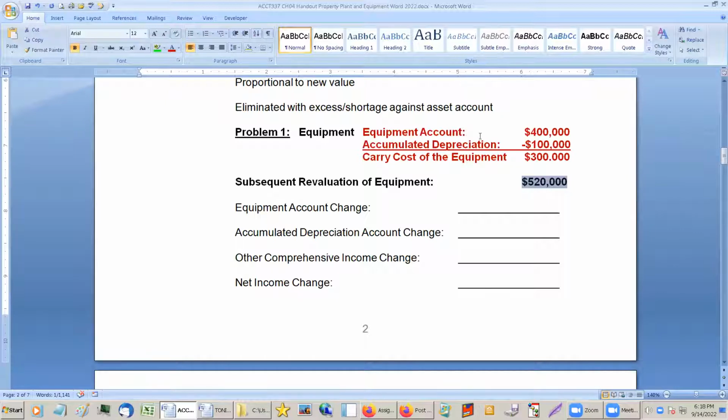So the question is, how much of a gain do we have here? We have it at 300,000 on the books, and now it's worth 520. That's 220. Now this is going to go into other comprehensive income.